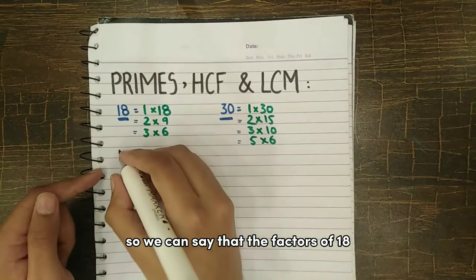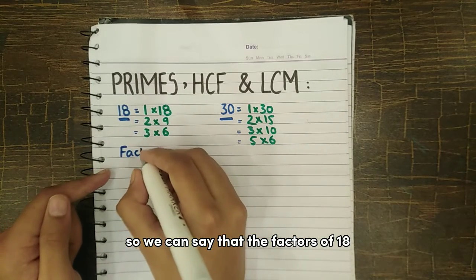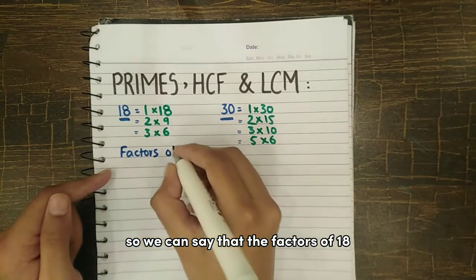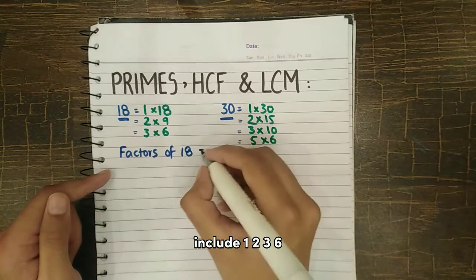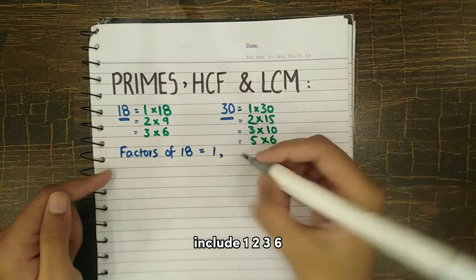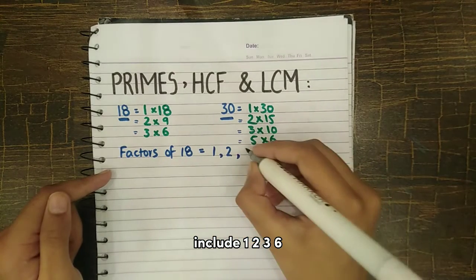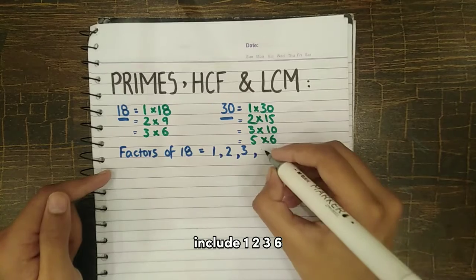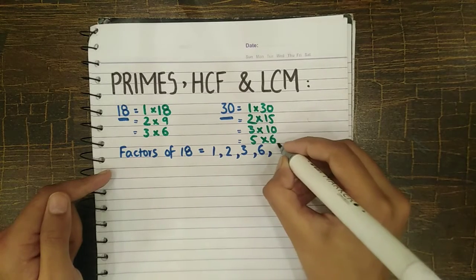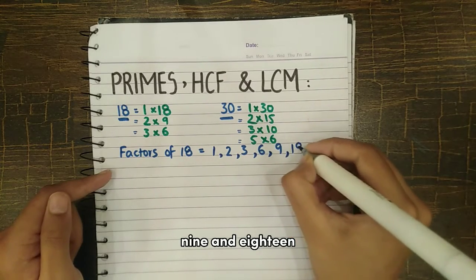So we can say that the factors of 18 include 1, 2, 3, 6, 9, and 18.